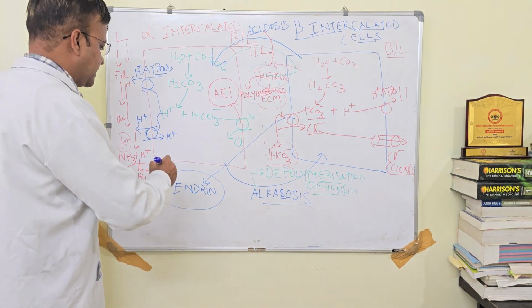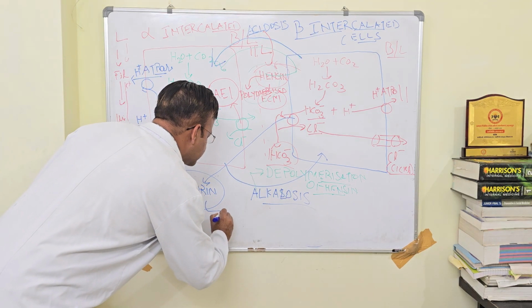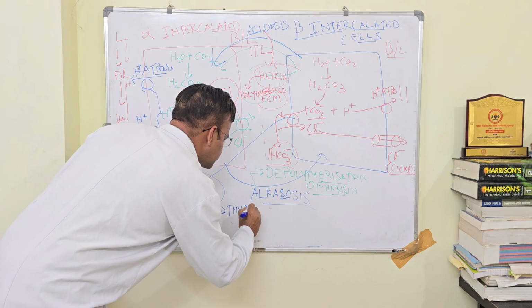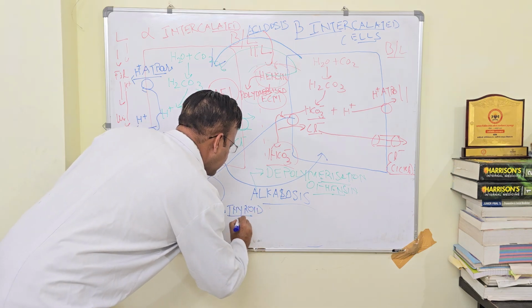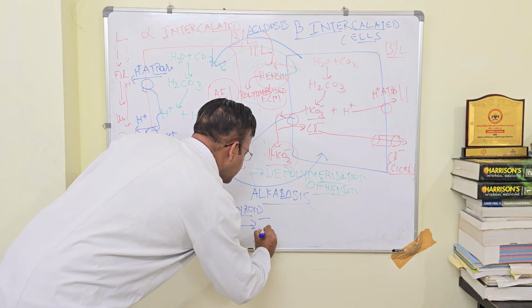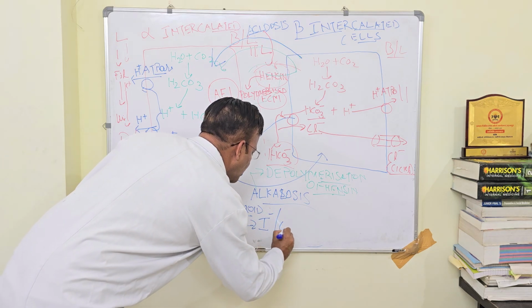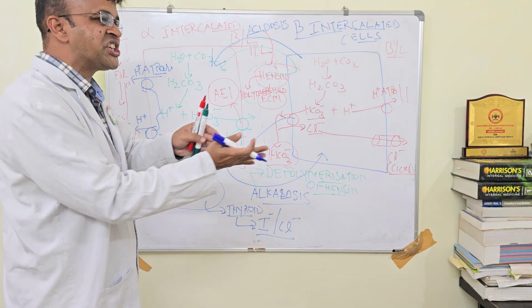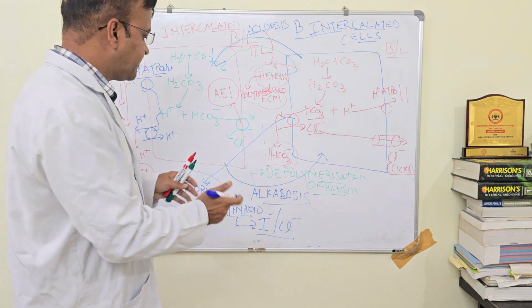This pendrin in the thyroid gland actually exchanges iodine with chlorine, so it acts as an iodine-chlorine exchanger.